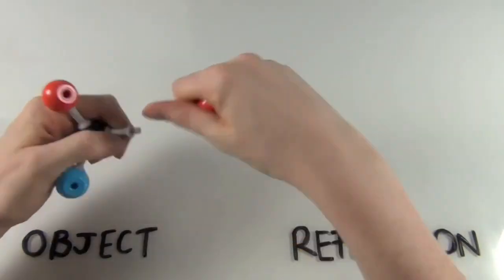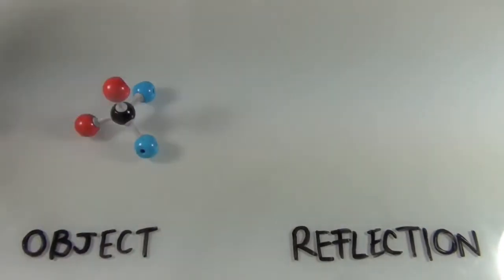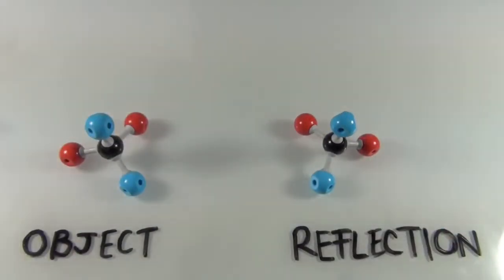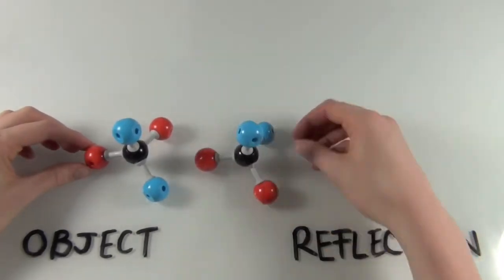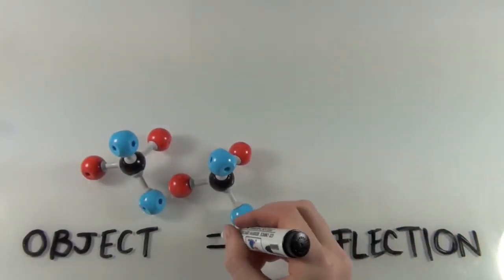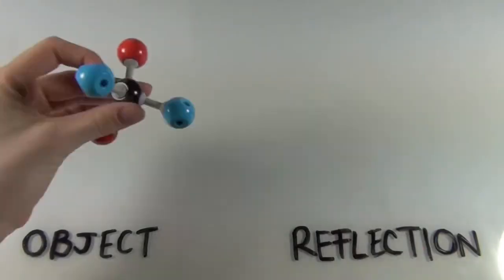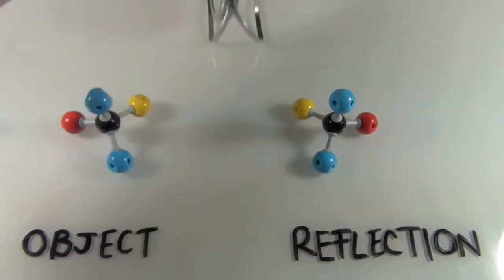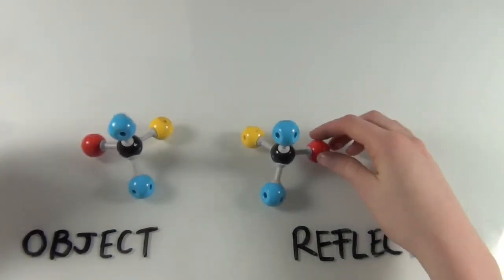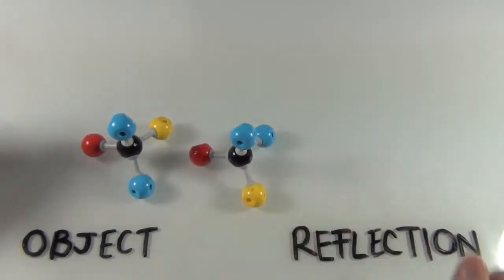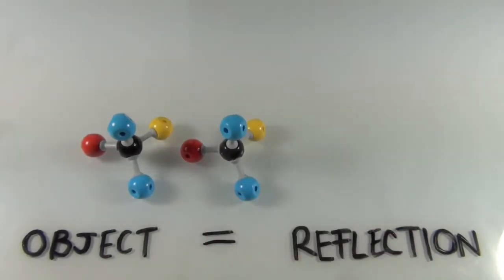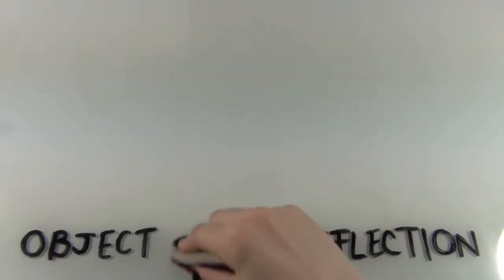Changing another of the balls to blue, we ask again, is the object identical to its reflection? And again the answer is yes. Changing another of the balls to yellow, with a little bit more rotation, we see that the object is identical to its reflection.